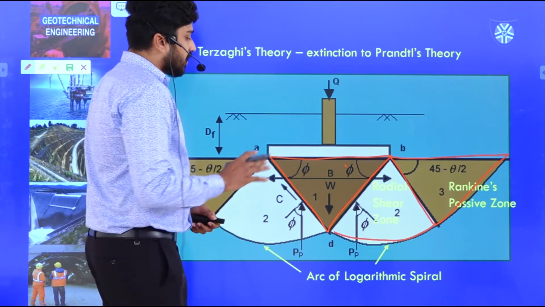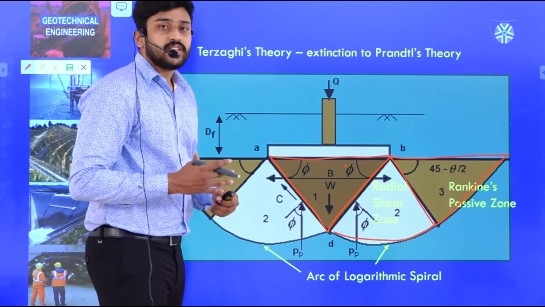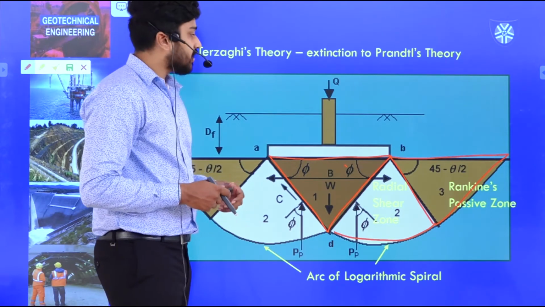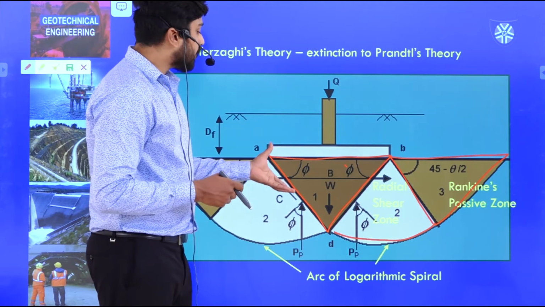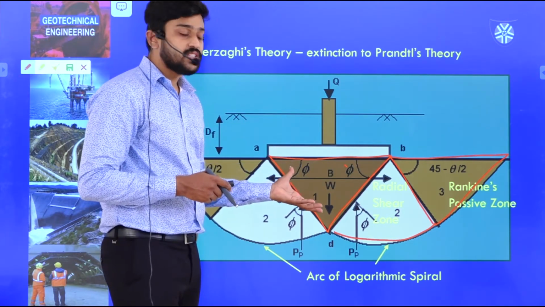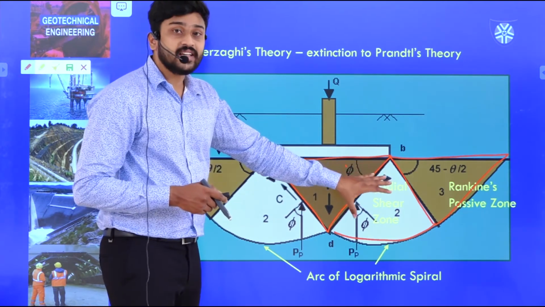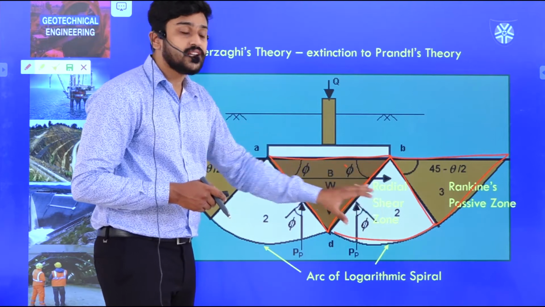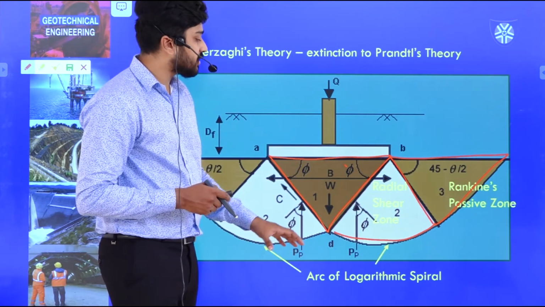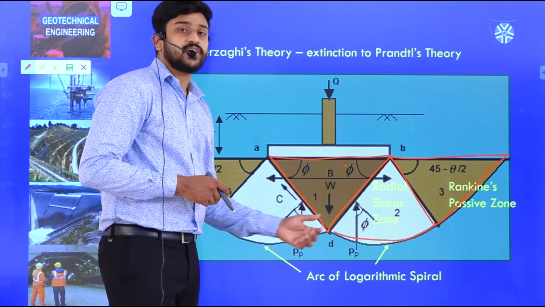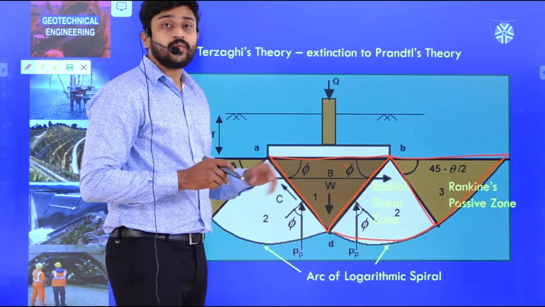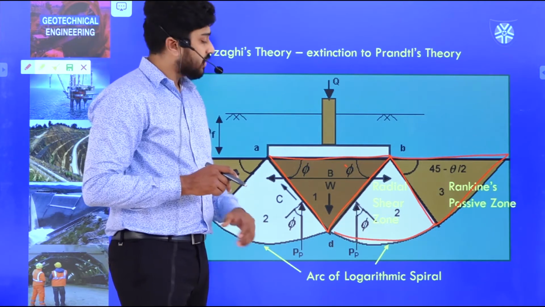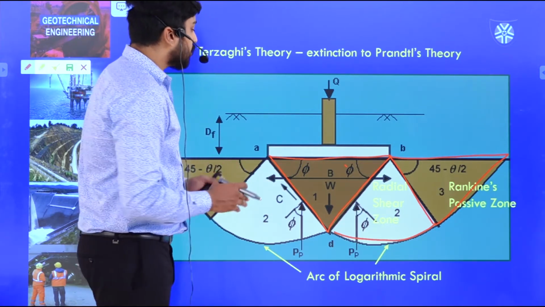Now, for our derivation, to understand the state of equilibrium, we will be considering this wedge and the forces acting on it due to the radial zone as well as Rankine's passive zone. This theory is completely based on the limit equilibrium approach, where we consider the wedge.